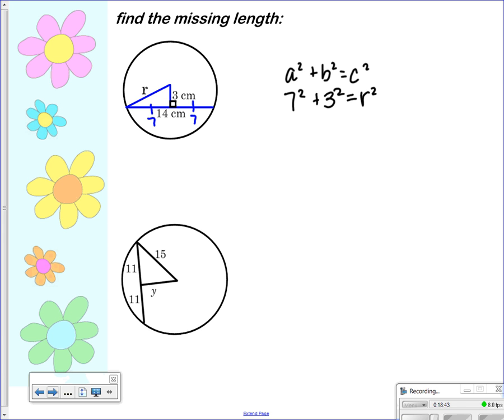So I'm going to give you guys just a second to go ahead and solve your Pythagorean theorem and get the length of the radius. If you have to round, let's go ahead and round to the nearest tenth.